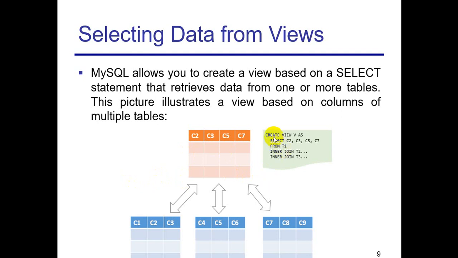We have created a view: CREATE VIEW, the name is B, AS SELECT C2, C3, C5 and C7 from table T1, inner join T2 and inner join T3. So what we have here as a result is C2, C3, C5 and C7, all of the records from these tables, and this is a virtual table for us.